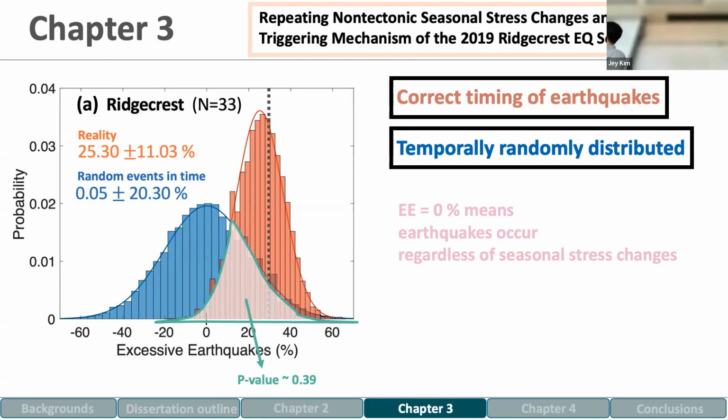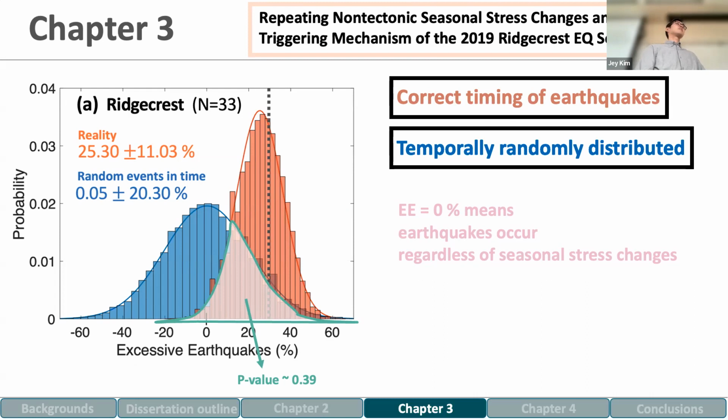But if you compare the average value, assuming that our model doesn't have any uncertainty, with the blue distribution, then the p-value is about 5%. So we can still reject the null hypothesis that earthquakes occur randomly with 95% confidence.